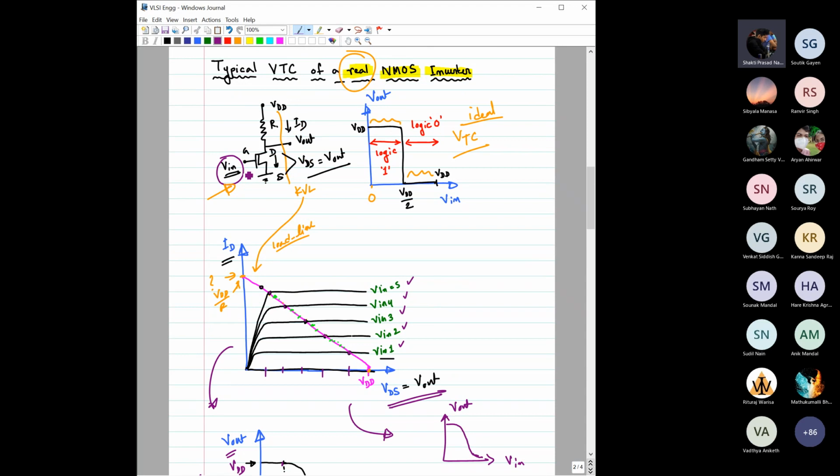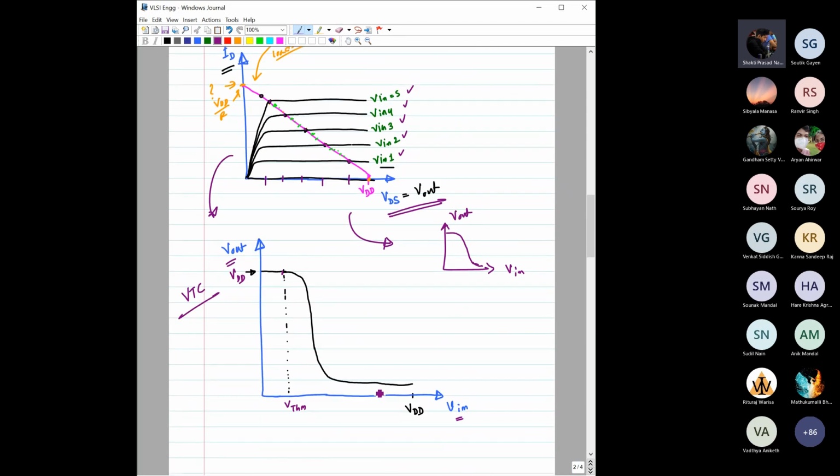You can get it. You have to choose this Kn value, the transistor parameter, and the resistance value accordingly. So you will also get VTC characteristics something like this, right? Don't worry about that. But from this to this, it's not really matching. Maybe this would be a better VTC representation, which is coming out of this plot, right?